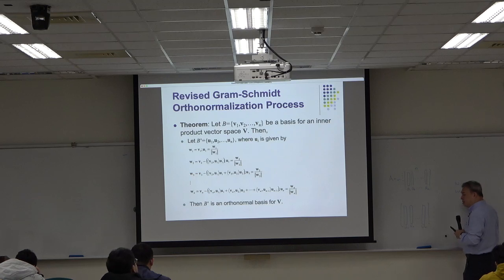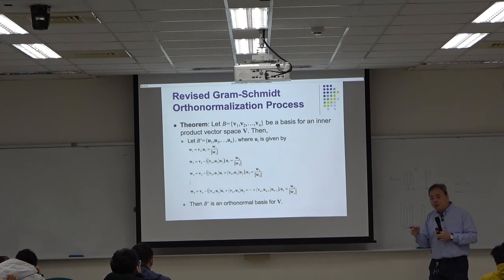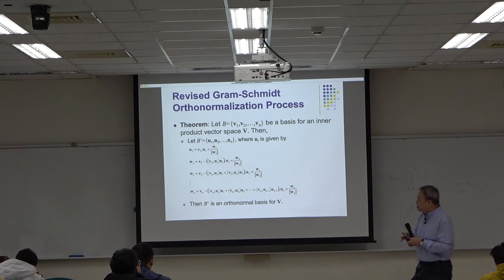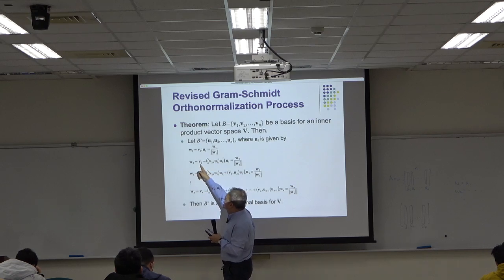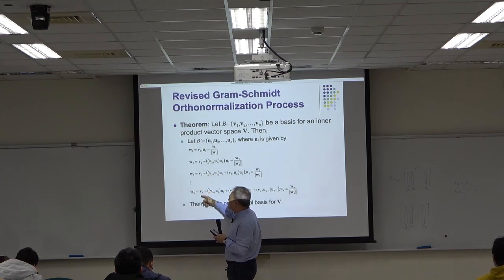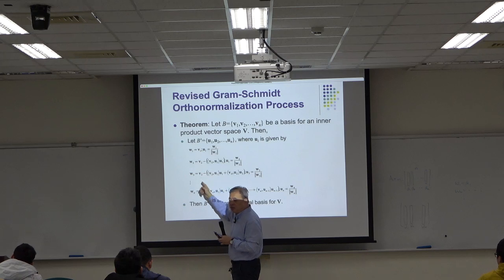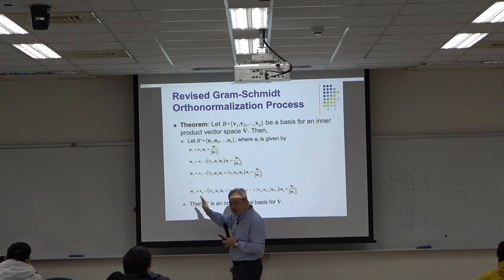We have that. The only change we need to make is that we now make V1, V2, V3, Vn to be A1, A2 up to An. All the other parts remain the same, right?